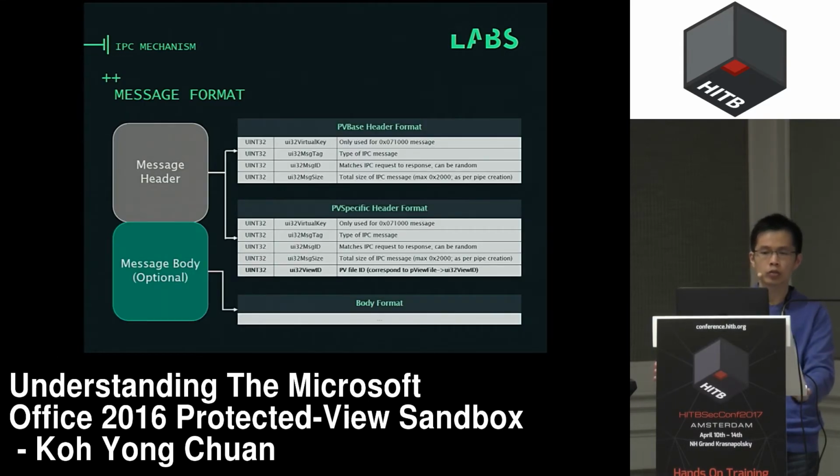So here's a more detailed view of the format. Broadly speaking, each message will consist of a header and a body, which in some cases is optional. The PV-based header format refers to those that are serviced in MSO.dll, and the common fields in these two groups are the message tag, which identifies the message, the message ID, which would pair the IPC requests and responses, and also the size, which will have a maximum value of 2000.